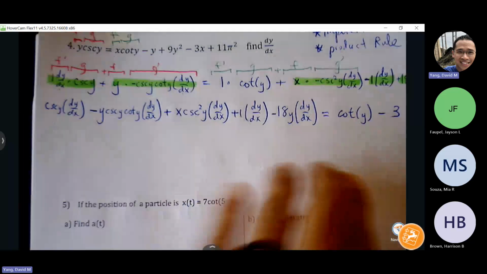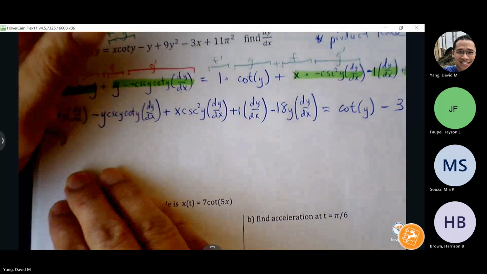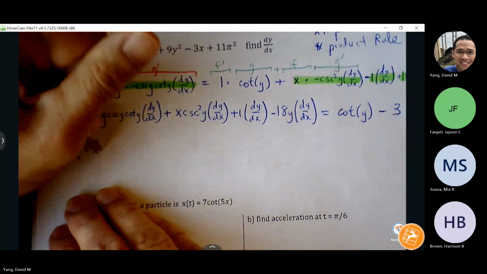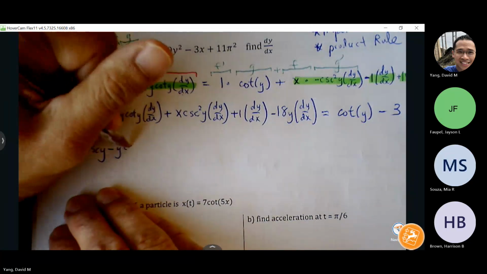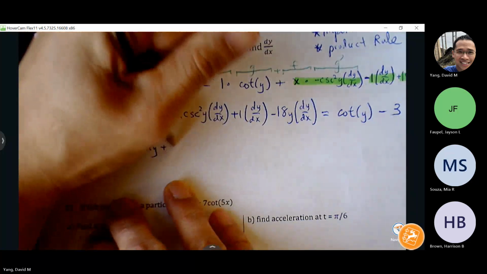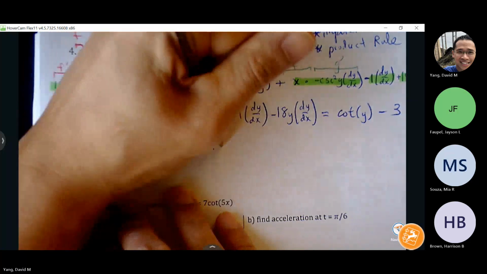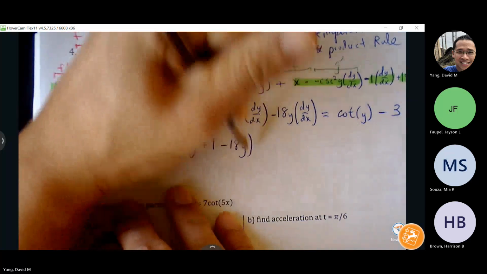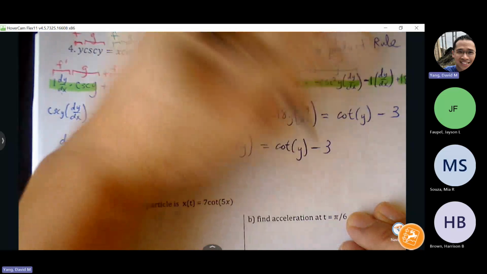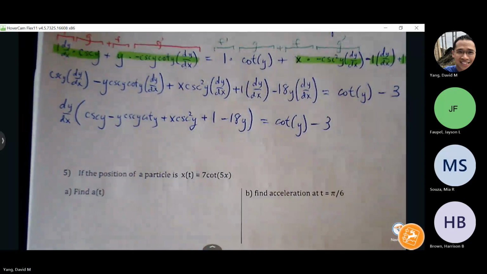Okay, so now all these have a dy dx I can factor out. Now divide all this over.